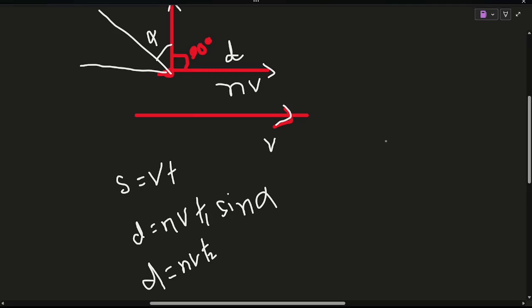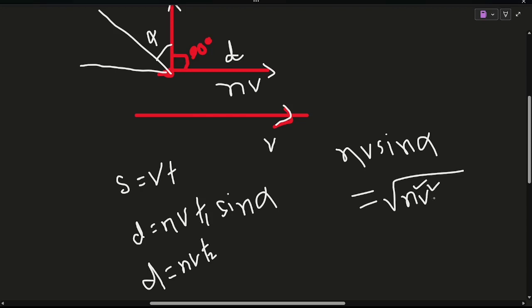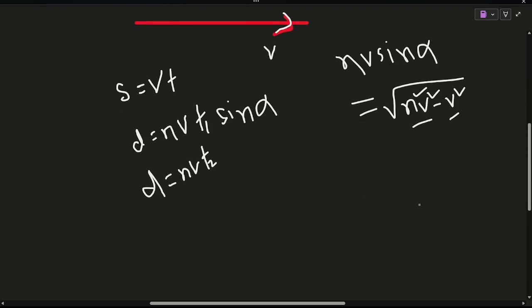With sine alpha equal to, we can write straightforwardly, the square root of n square v square minus v square, where v is the stream velocity and nv is the boat velocity.